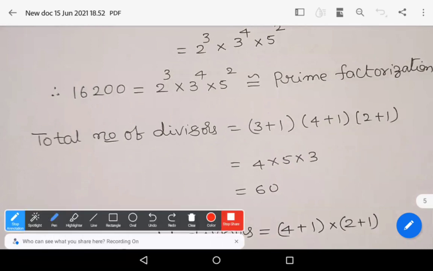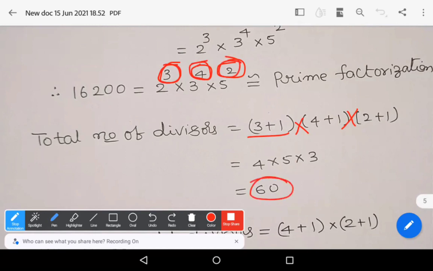The total number of divisors is equal to, observe the exponents, 3 plus 1 into 4 plus 1 into 2 plus 1. The final answer is 60.